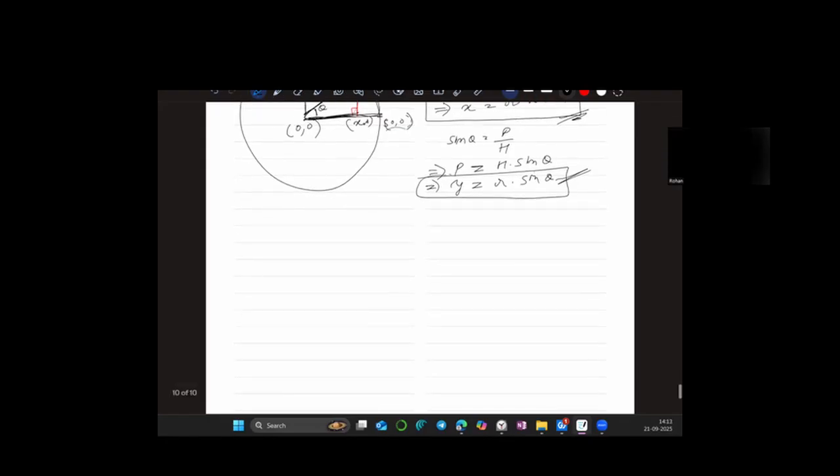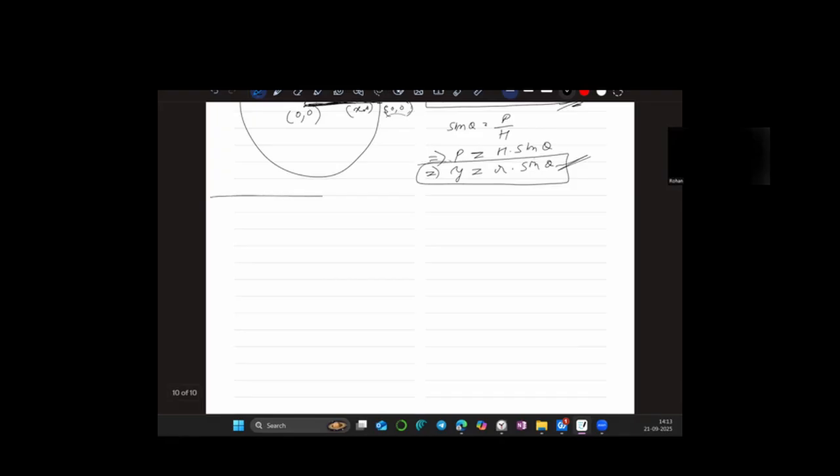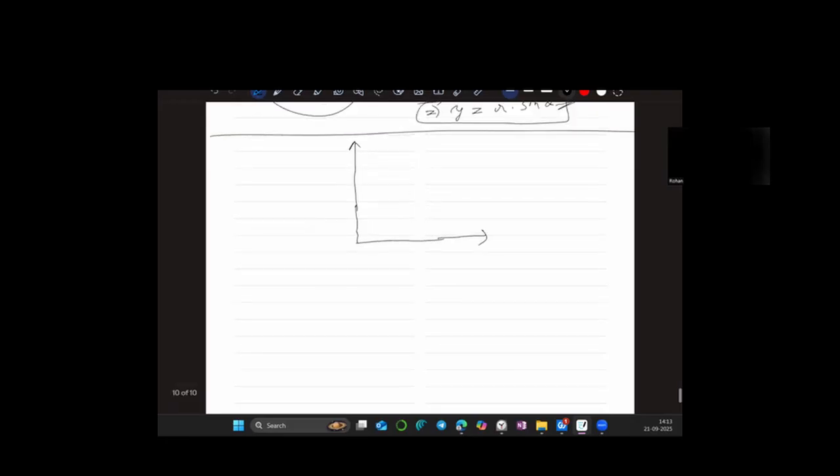And before moving on, let me also clarify the coordinate system here. Previously I mentioned that usually this is normally the way we use the coordinate system.